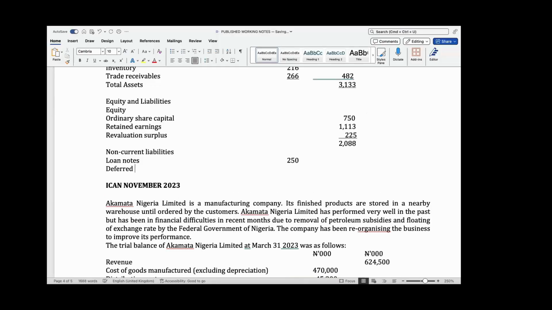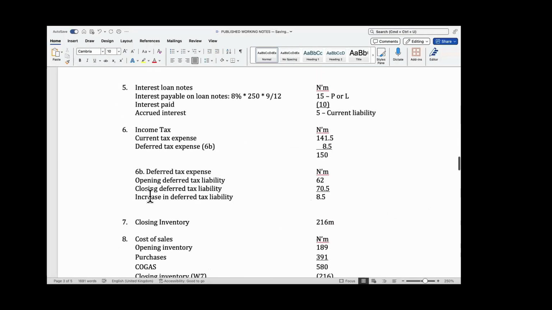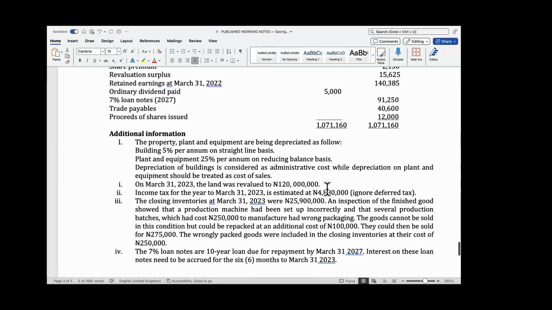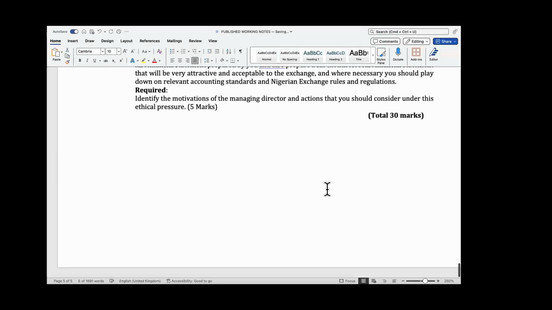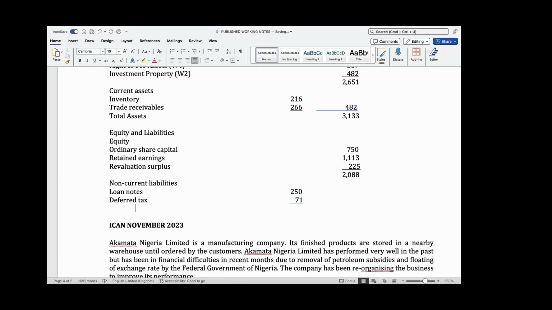There's that deferred tax at the end of the year, which is the closing deferred tax of 70.5. Let's put 71 since we have been approximating everything. So this will give me 321.